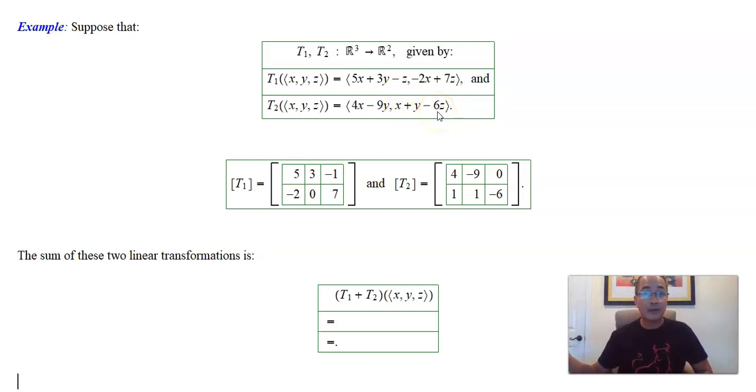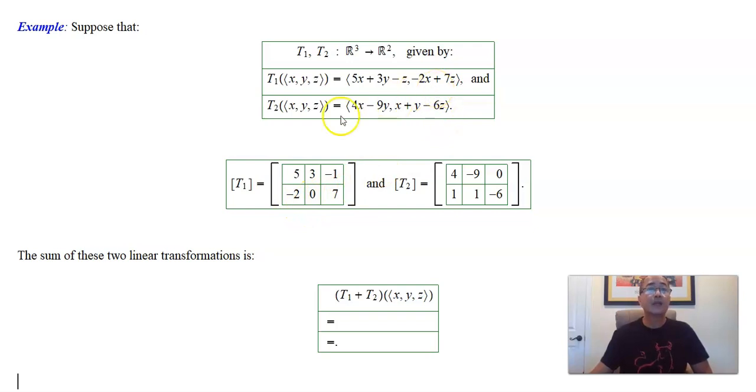Okay, so hopefully we're now experts at putting together a matrix for a linear transformation. So how big are the matrices? We're going from R3 to R2, so we should have 2 by 3 matrices. What's in the matrix for T1? We have 5, 3, minus 1 in row 1, and minus 2, 0, 7 for row 2.